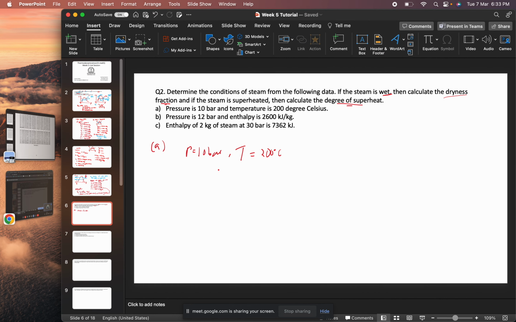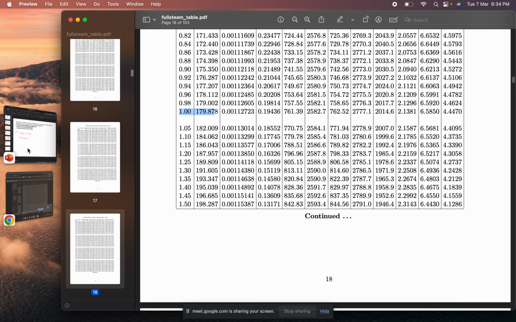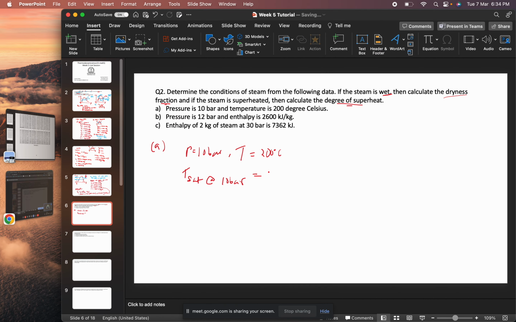So T saturation at 10 bar is equal to 179.878 degrees Celsius. This is from the steam table.